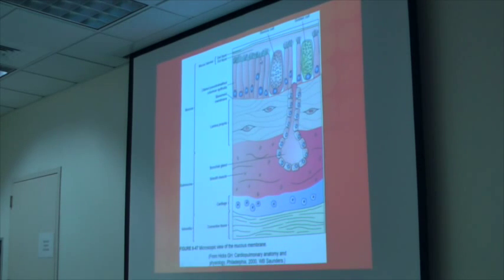So when the cilia are beating or moving, they're moving this layer of mucus. It's called a mucus blanket that always lines all of the mucosa. And the mucus blanket doesn't just lay there, it's constantly moving.